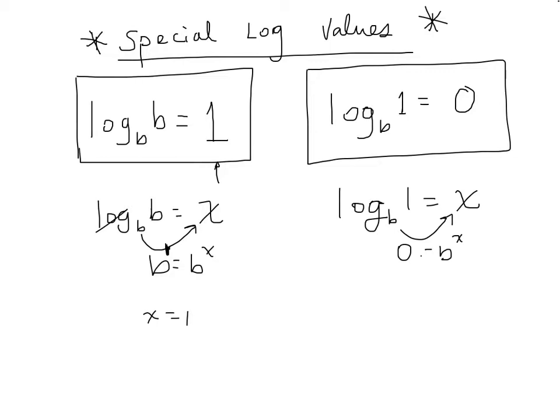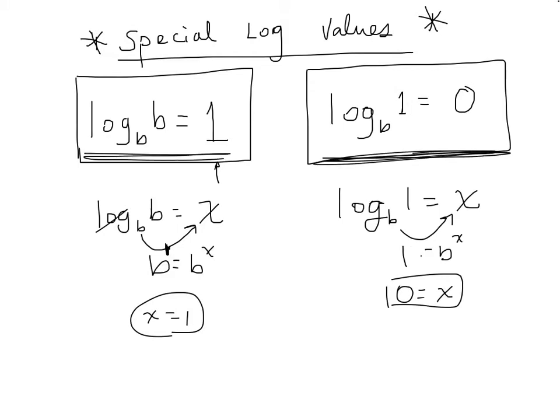Sorry, not 0, that should say 1. Well, what power of a number is always 1? Anything to the power of 0 is 1. So x has to be 0. So that's why this statement and this statement are true. These are special log values, and you do need to know them.